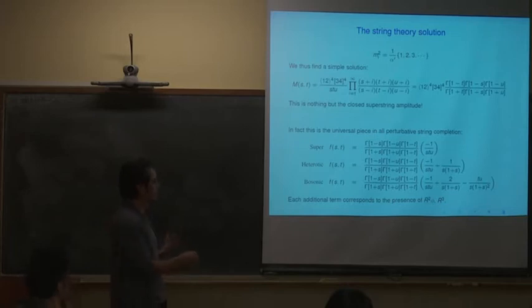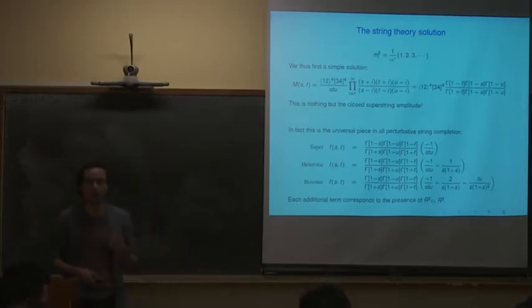There's a very interesting representation, which is not at all obvious from the worldsheet point of view, where you have this separation: this piece here is a universal piece of the 4-point closed string amplitude, which corresponds to the UV completion of just the pure Einstein-Hilbert piece.